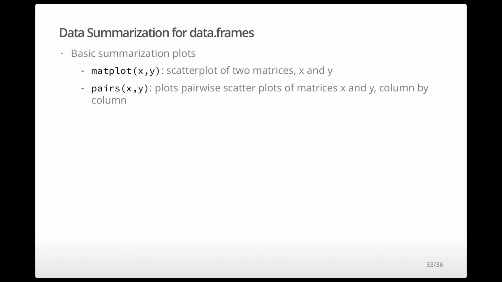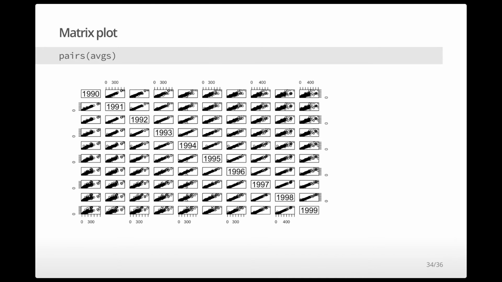So pairs takes in scatter plots of matrices. Matplot does scatter plots of two matrices. I don't use these that much, but pairs will do all pairs. If you put in one matrix, it will do all the columns and do a pairwise scatter plot of all of them.